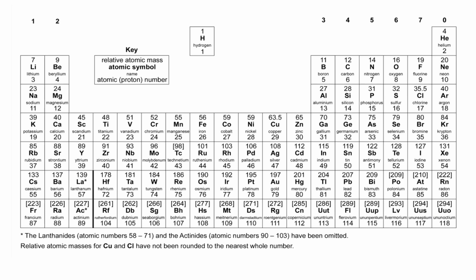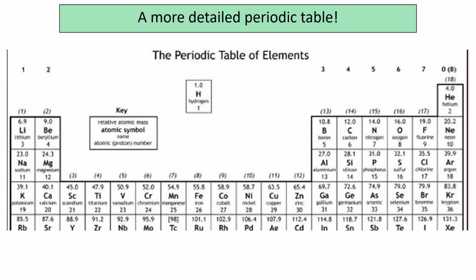So you will notice that on our periodic table, lithium has been rounded up to the nearest whole number of 7. But in fact, if we look at other periodic tables, such as this one, you will see that on a more detailed periodic table, lithium has a relative atomic mass number of 6.9.